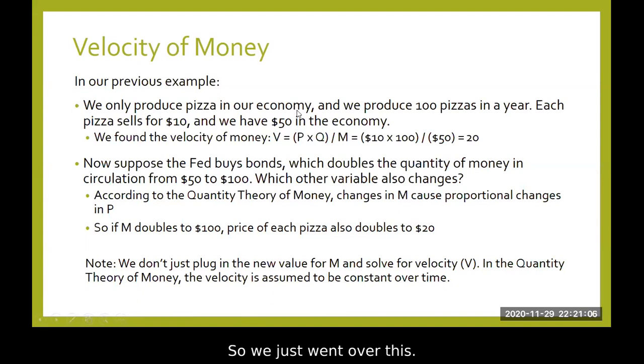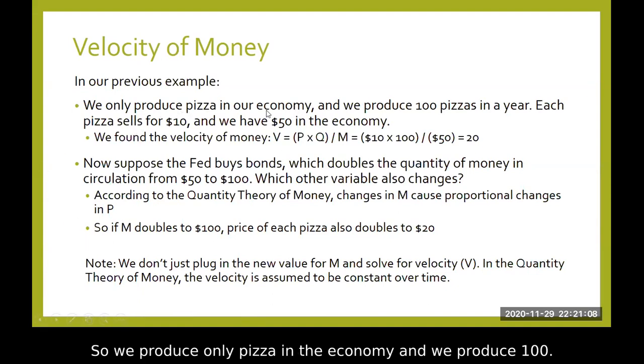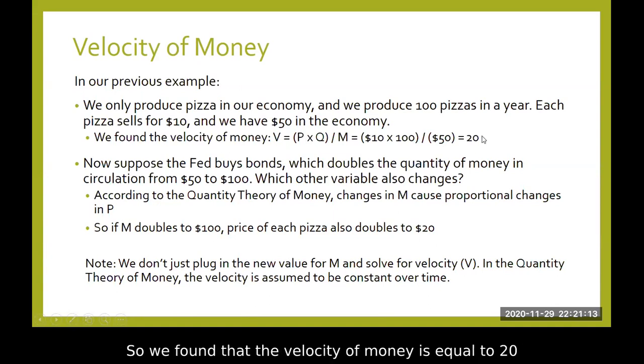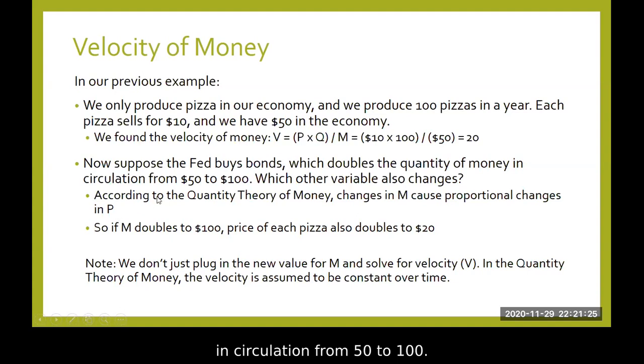So we kind of just went over this. We produce only pizza in the economy and we produce 100. We found that the velocity of money is equal to 20, plugging all the variables in. Now suppose that the Fed buys bonds, which doubles the quantity of money in circulation from 50 to 100.